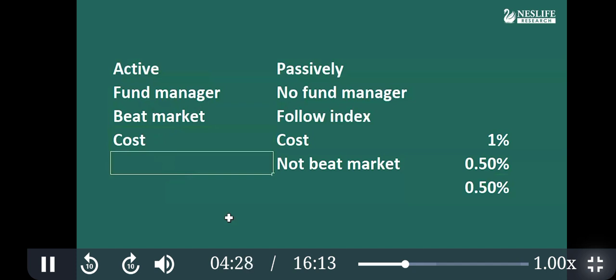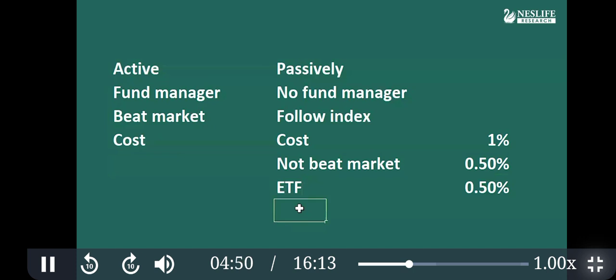Now, as of now, don't get into a debate about which is better. You will invest in both actively managed funds as well as passively managed funds. So this comparison is only for understanding, not to discard which is good and which is bad. Okay. Most of the passively managed funds are exchange traded funds.